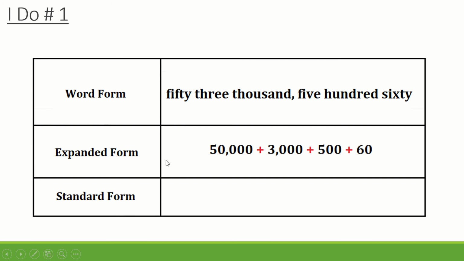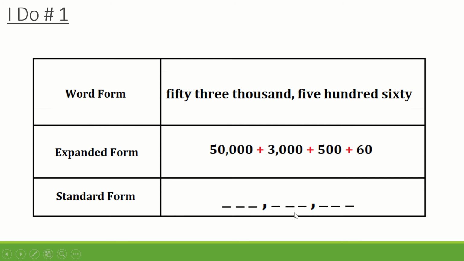So again, to write a number in its standard form from its word form and or expanded form, one of the first things that I like to do is simply place 9 blanks side by side with commas separating the periods as shown here. And so this is our ones period.